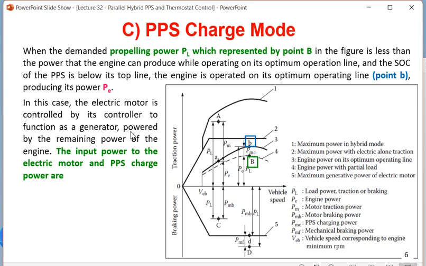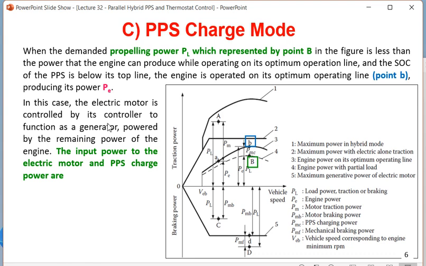To function as a generator, it has to take power from the output side and put it inside the battery. Who is giving that power? That power is coming from energy source number 1, that is the engine. So this PMC is giving the power to the motor controller, and the motor controller is taking the power back to the battery.